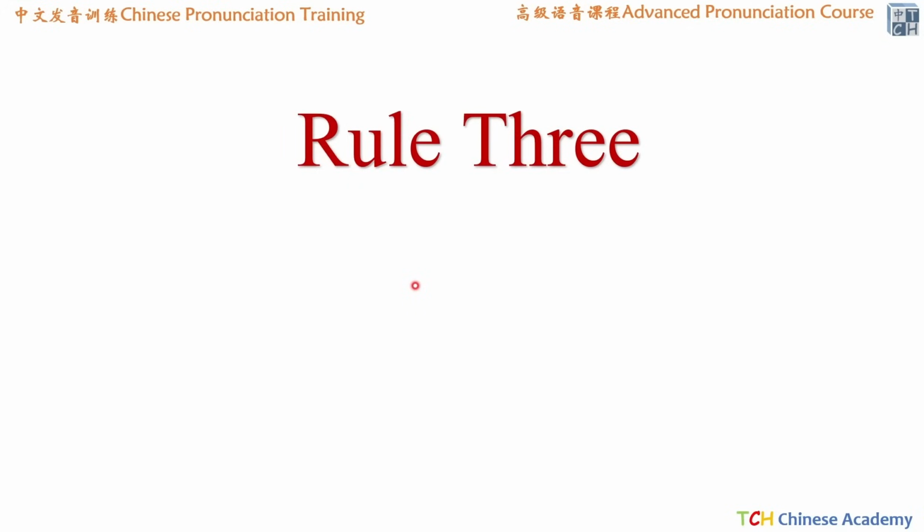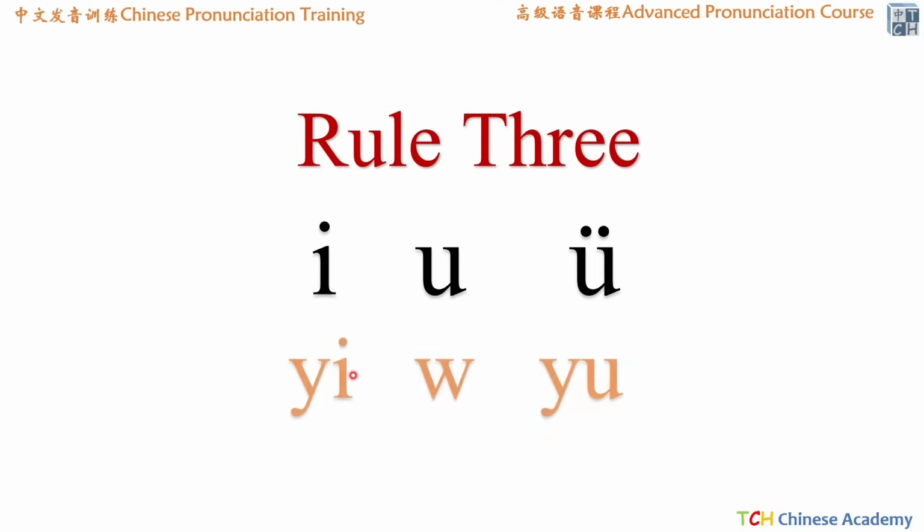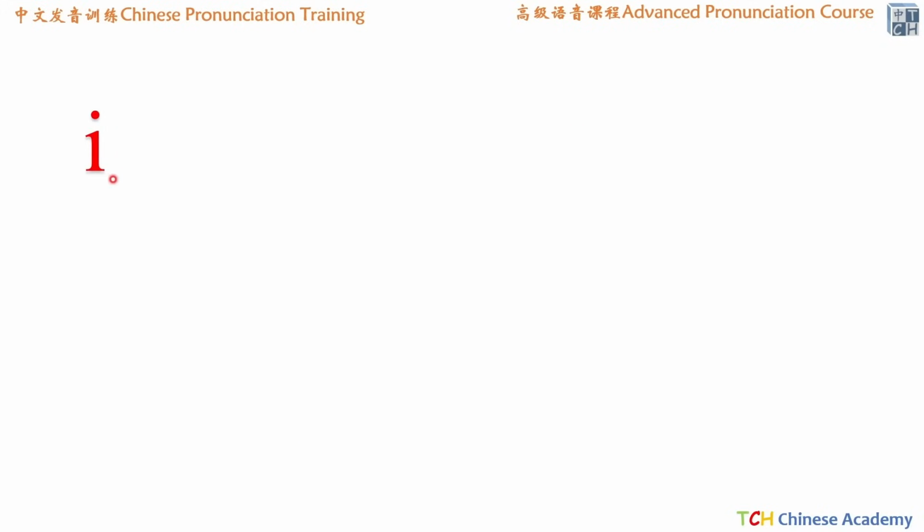Rule 3 is that the pinyin i, u, ü will be written as y, w, yu when there are no initials. So if the pinyin is i, a, ya, as an independent word with no initial before it, it is written as ya, the teeth.